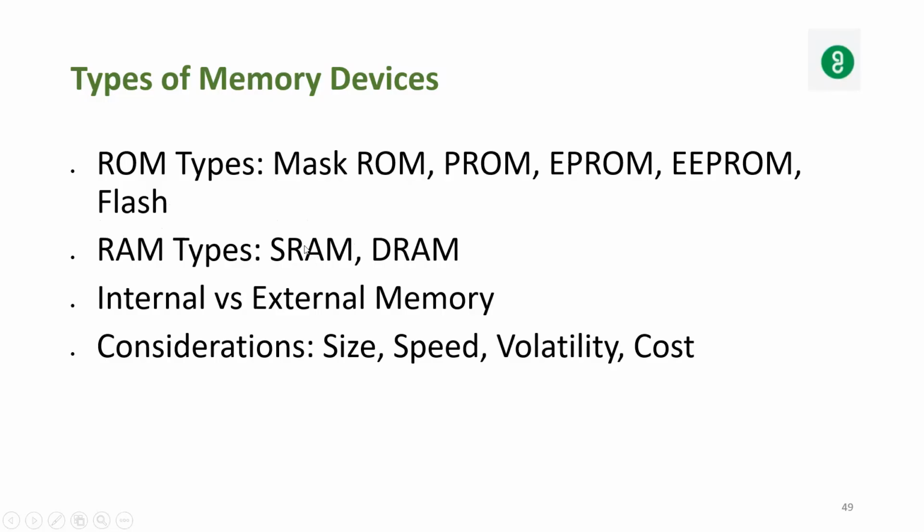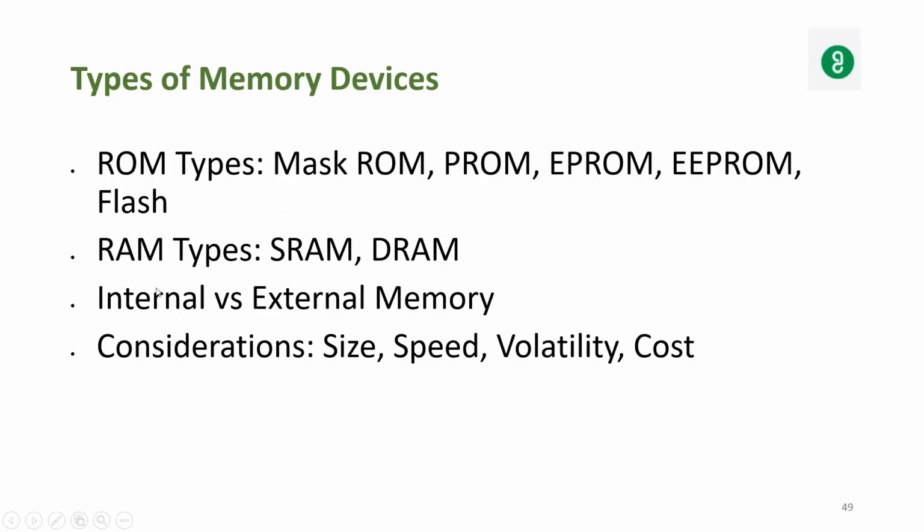Static RAM is made up of flip-flops and dynamic RAM is made up of capacitors. There are a lot of differences. Dynamic memory is cost effective and compact in size, while static memory occupies more space because it uses flip-flops. These are the differences between static memory and dynamic memory.